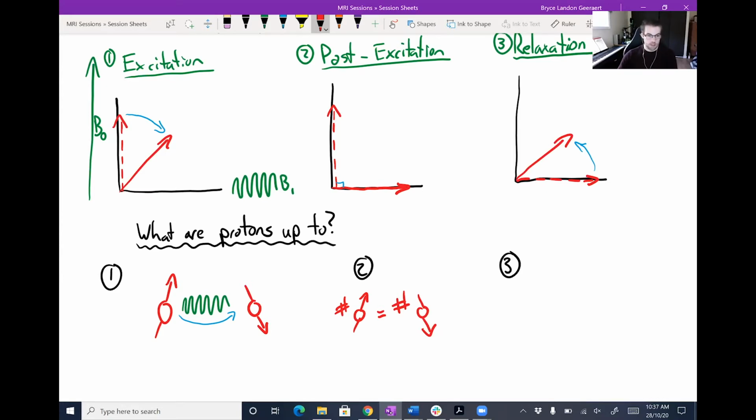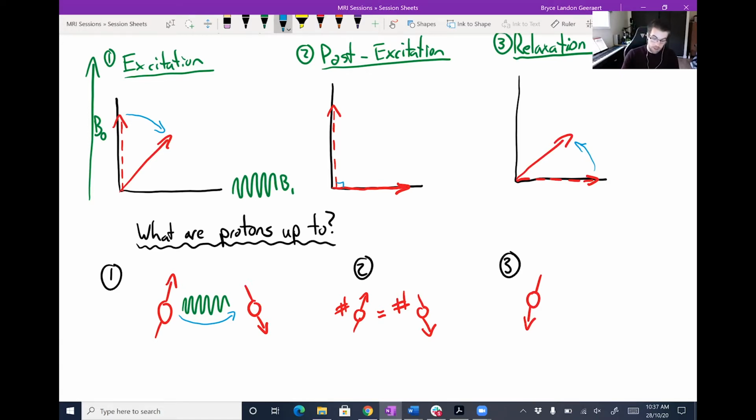And then during relaxation, once there's no incentive for the downward orientation protons to stay in their downward state, they want to return to their lower energy state, right? If there's no driving force pulling those protons into the antiparallel state, they'll just throw their energy away and return to the lower energy state, to that equilibrium.